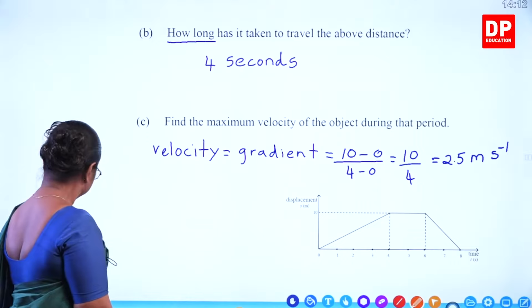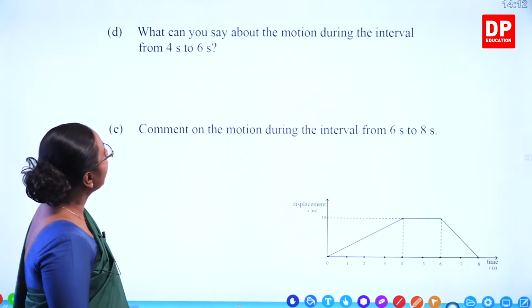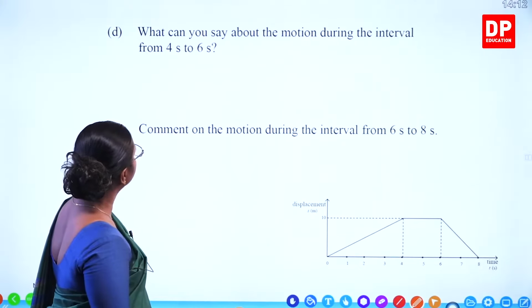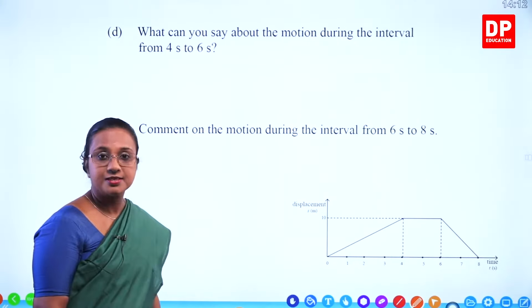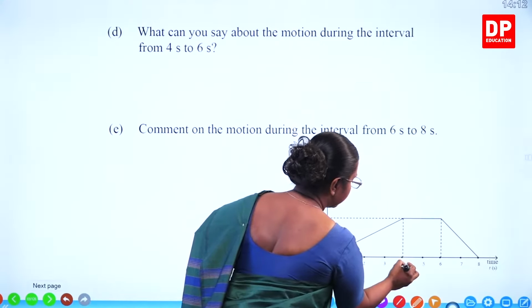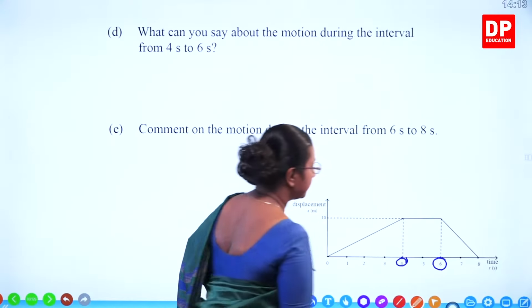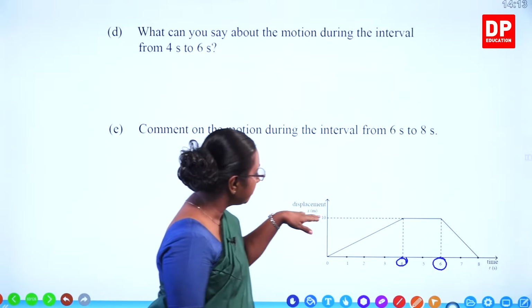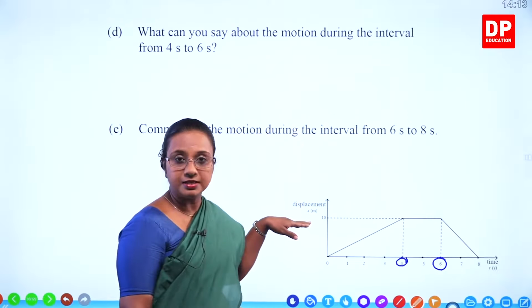Next question. What can you say about the motion during the interval from 4 seconds to 6 seconds? So as we discussed before, from 4 seconds to 6 seconds, there is no change in the displacement. It remains at the 10 meter point.